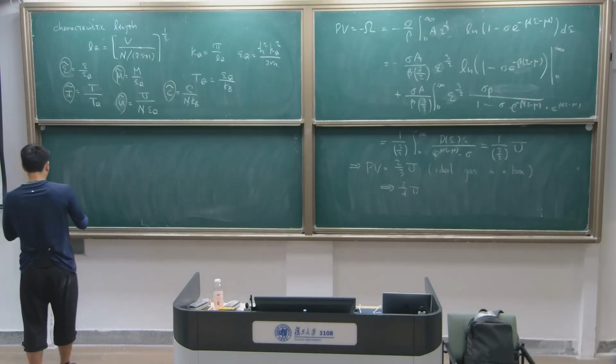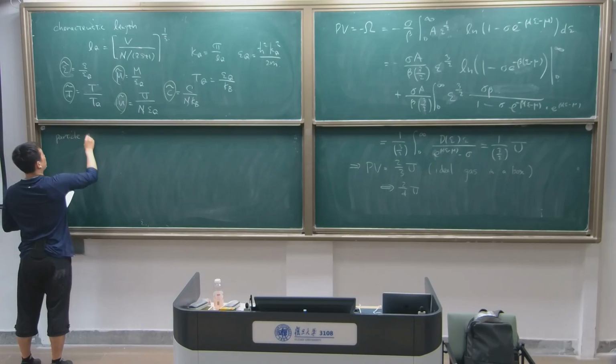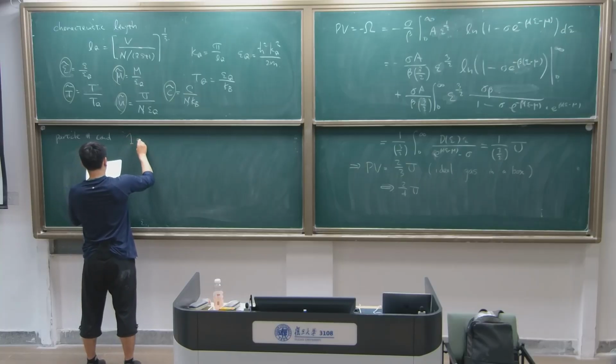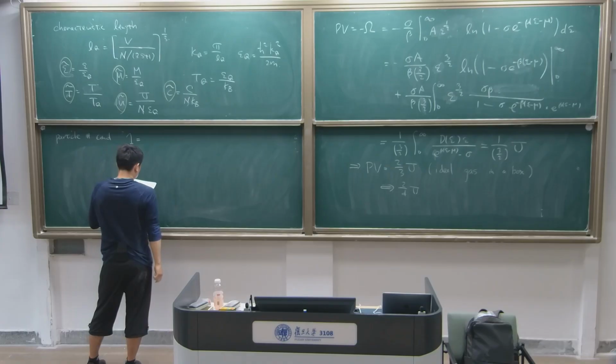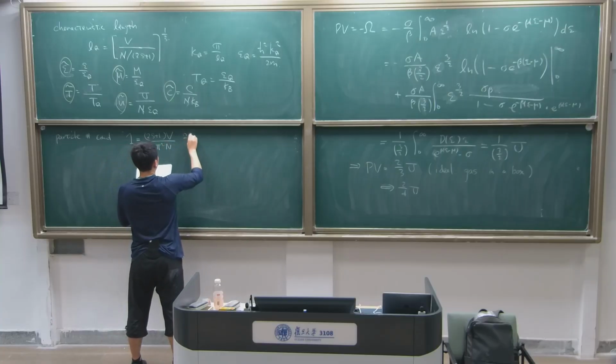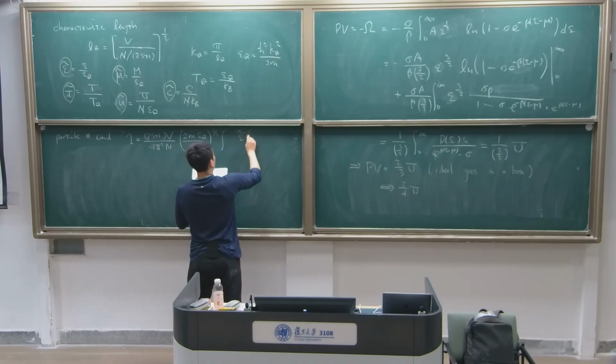So if you use this normalization, the particle number condition will give you the following equation: 1 is equal to, I mean, this is just a simple calculation, let me write down, the factor 2s plus 1, four over three, and then the integral with epsilon tilde to the 3 over 2.